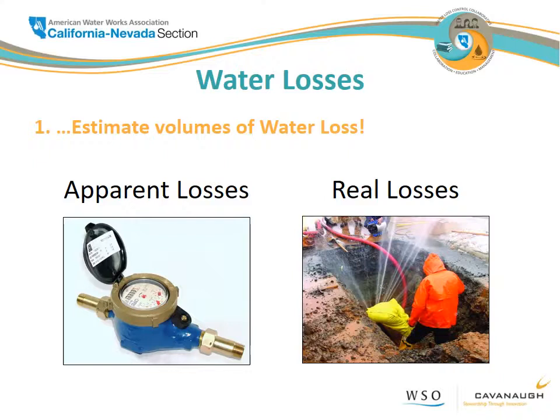Whereas for real losses, we're talking about leak detection and monitoring carefully what's happening underground in our distribution systems. We're talking about issues of pressure and repairs and repair crews. Given how different these two volumes and their interventions are, it's really important we get to know these two volumes separately.